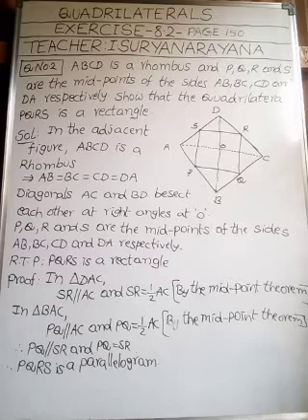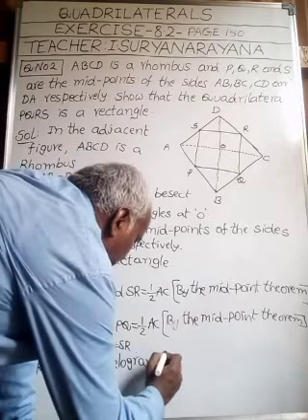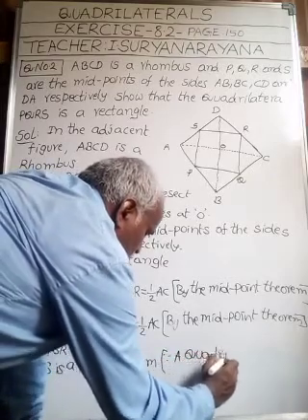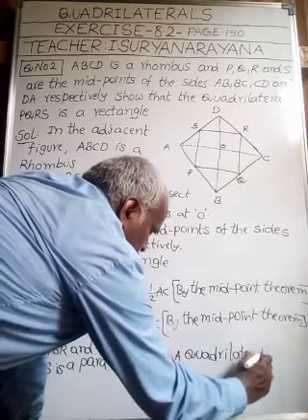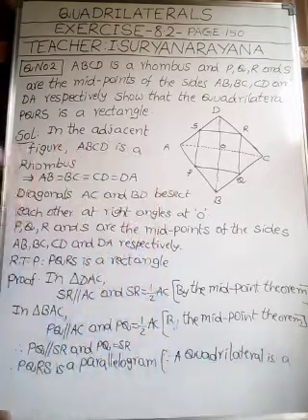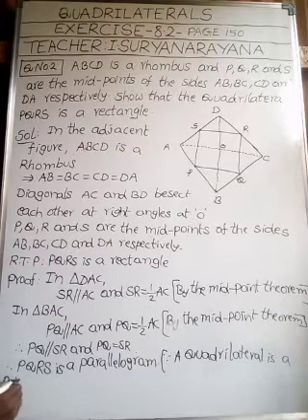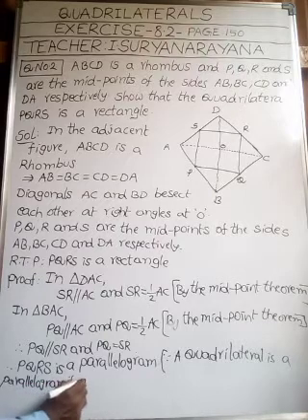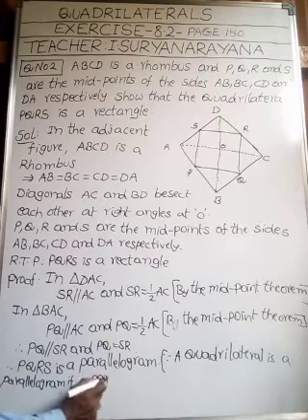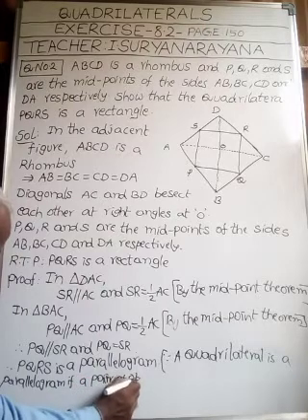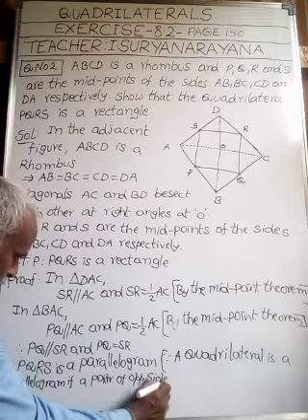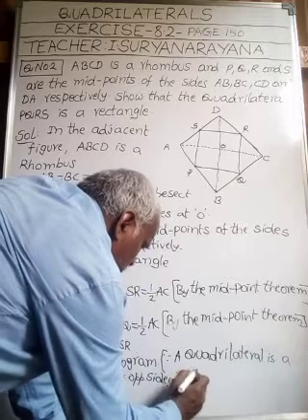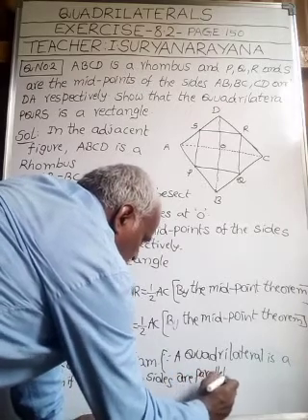Because we wrote that reason: a quadrilateral is a parallelogram if a pair of opposite sides are parallel and equal.